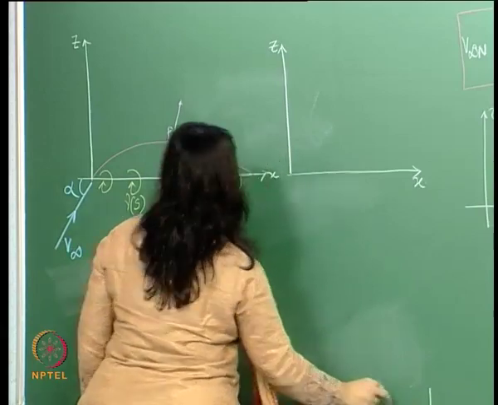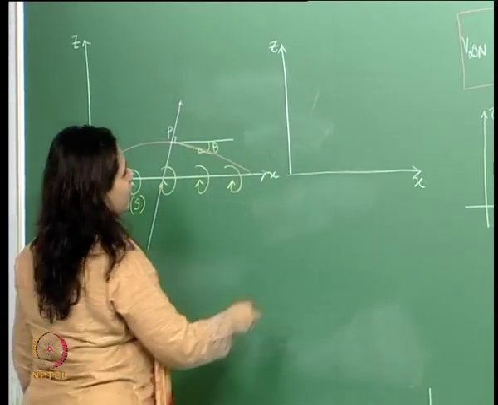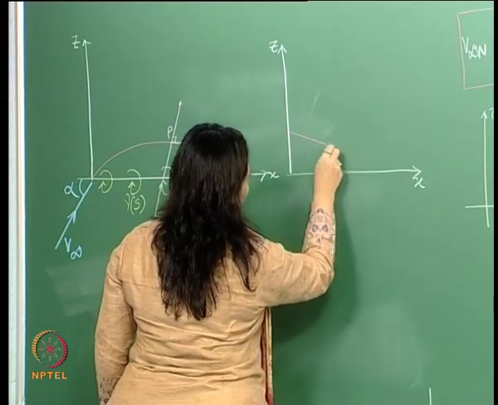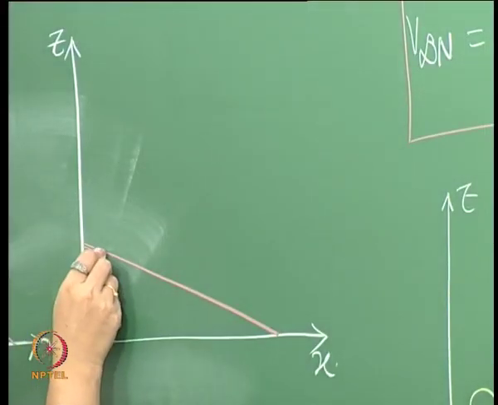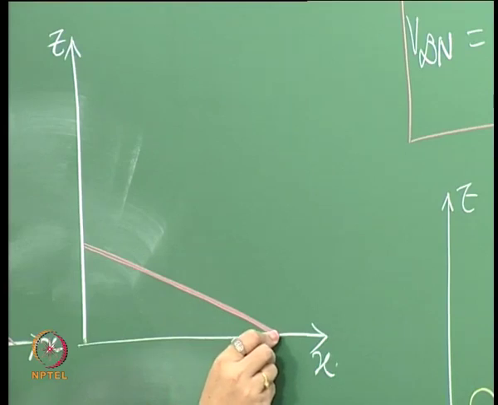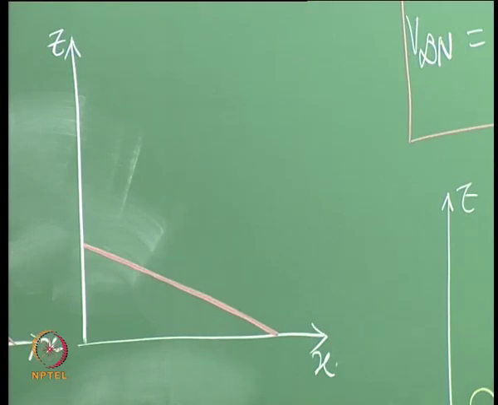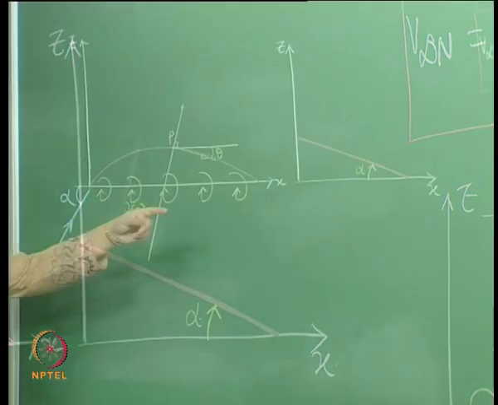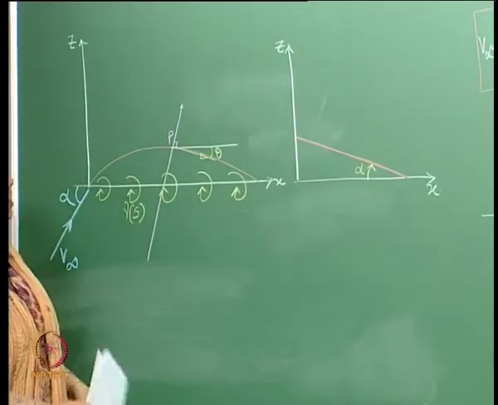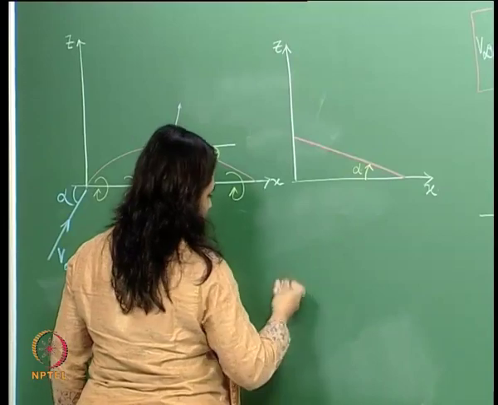So, this is a flat plate. This is a flat plate which is making an angle alpha. It is the same thing. You could keep that horizontal along this and give it an axis.